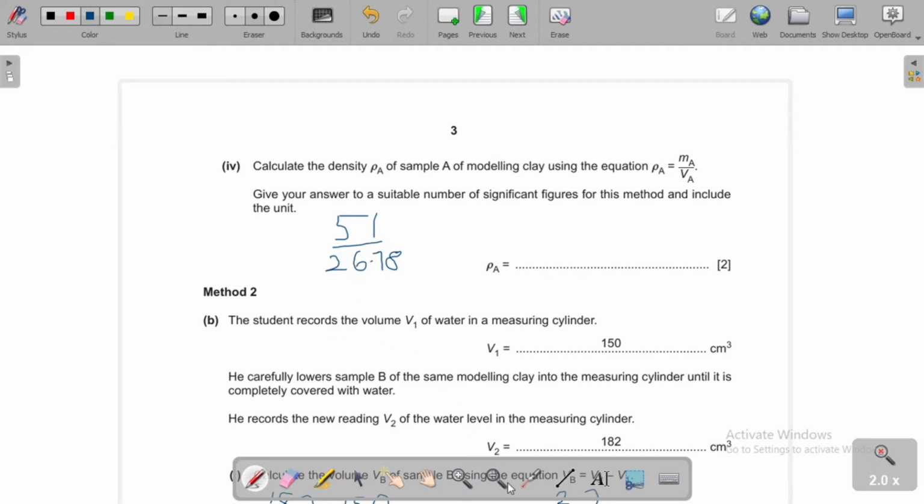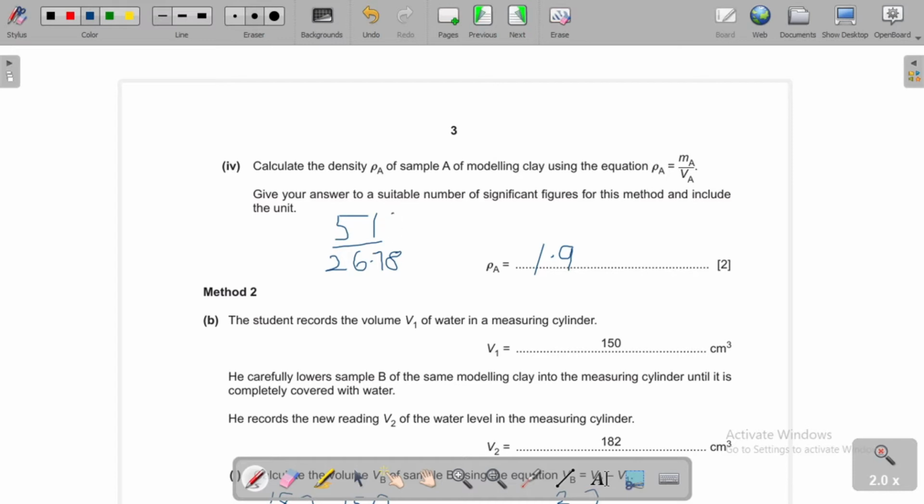Well, if you actually used 26.784 in the previous question, you are going to get another answer. Here I got 1.9 as my answer. You have to include the unit.